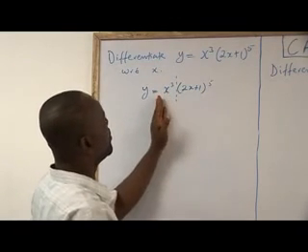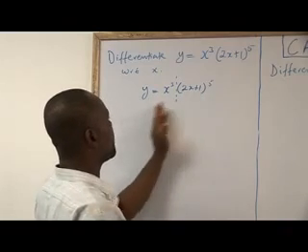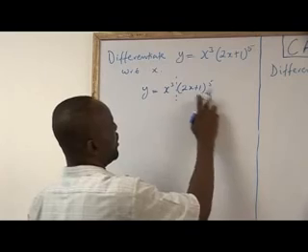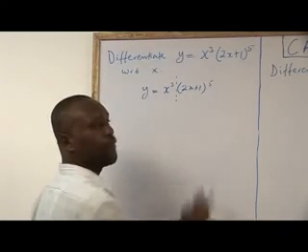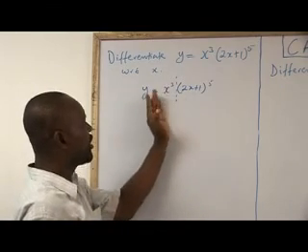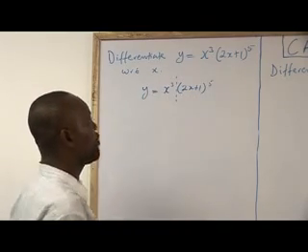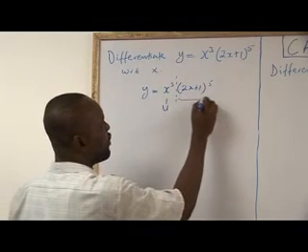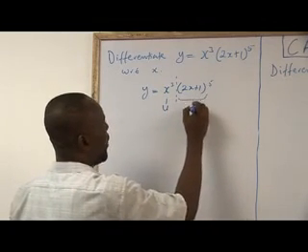This is my u, and that's my v, a left and a right part. Of course, you can see that our v is a function of a function. But that notwithstanding, we have a left part and a right part multiplying. So I call this my u, and I call the whole of this part my v.